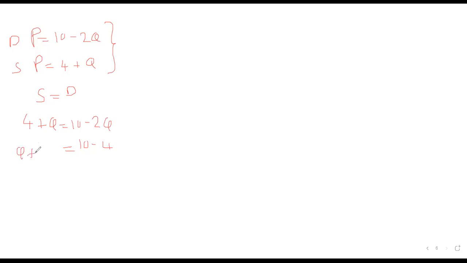When we bring the 2, it will add. So here we have 3Q is equal to 6. So when you divide both sides by 3, we're going to have Q is equal to 2. So what we do to these two, we put it at any of these. So when you put your 2 there, our P becomes 4 plus 2, which is 6.